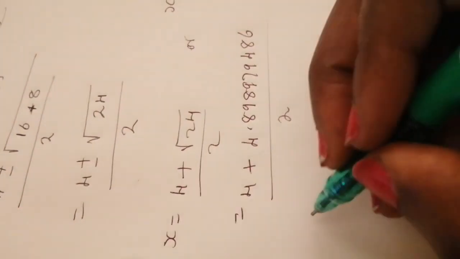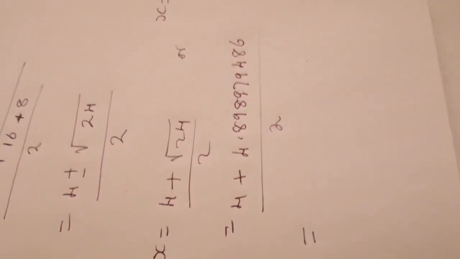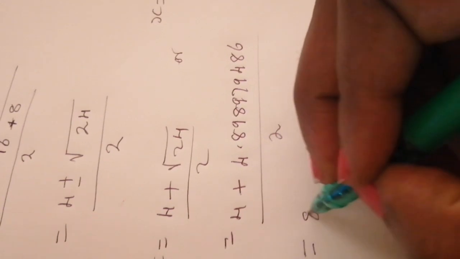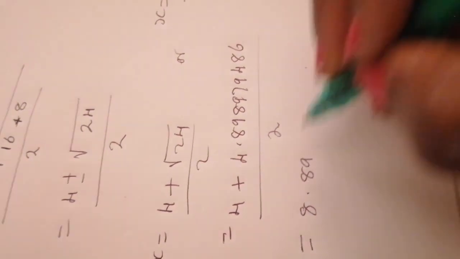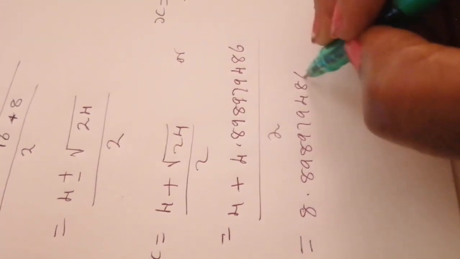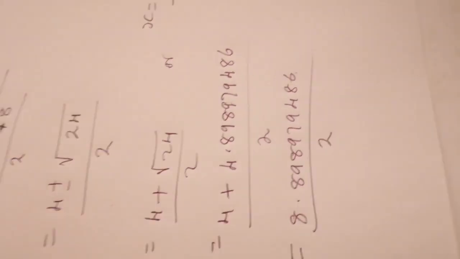So we're simply going to add 4 plus 4.8989799486, which will give us 8.8989799486 divided by 2.